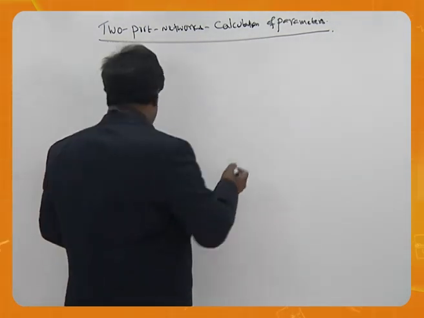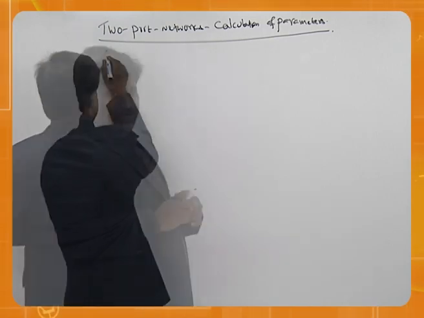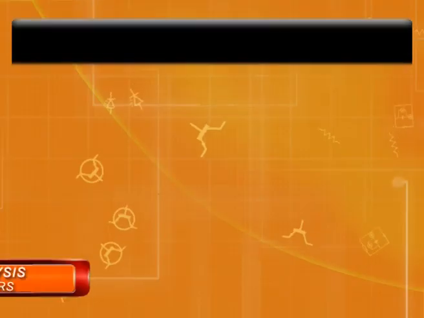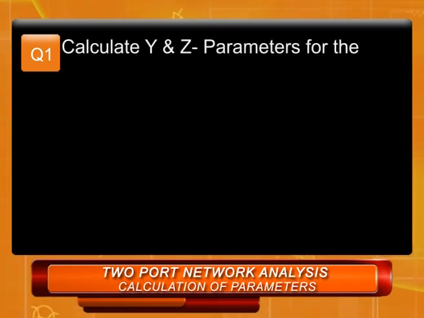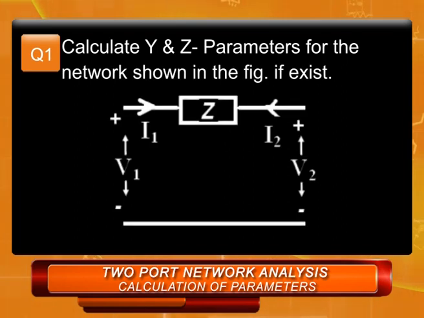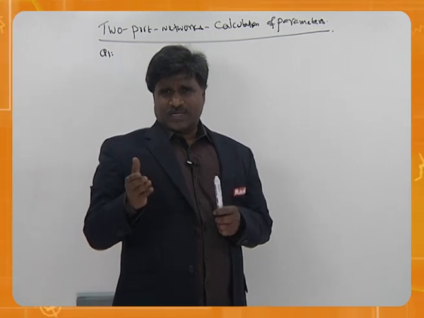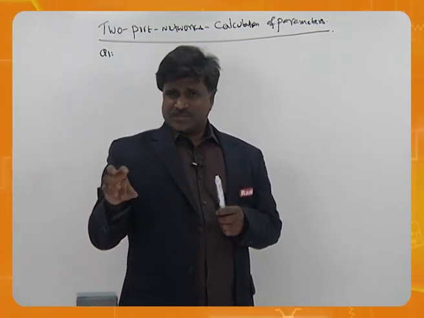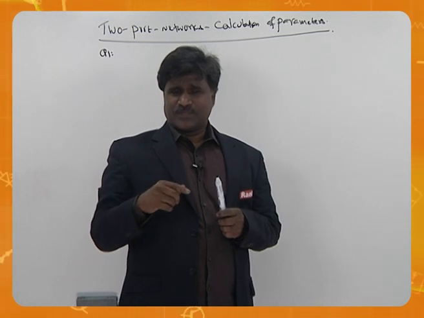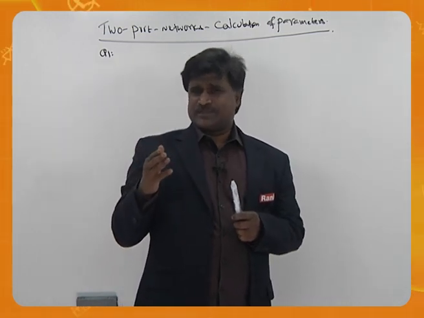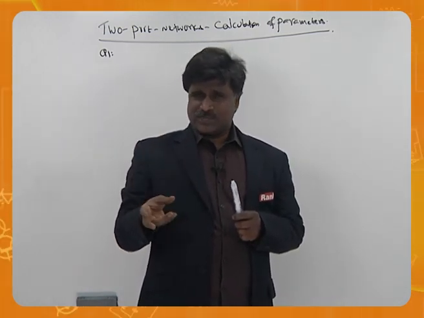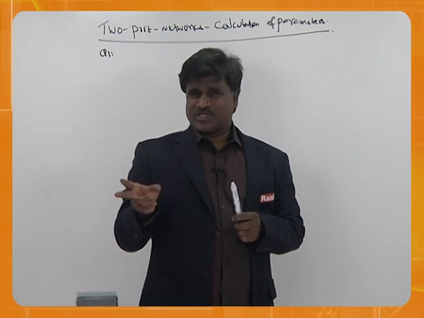Problem 1, question number 1. The question reads: calculate y and z parameters of the network shown in the figure, if they exist. That means there is a doubt; it may exist or may not exist. I am slowly developing the concept by taking a series branch, then a shunt branch, and then L shape, T shape, pi shape.